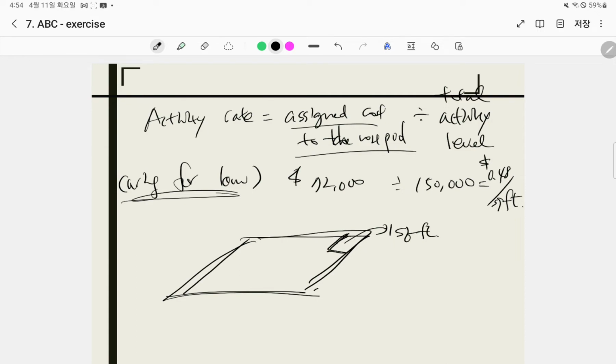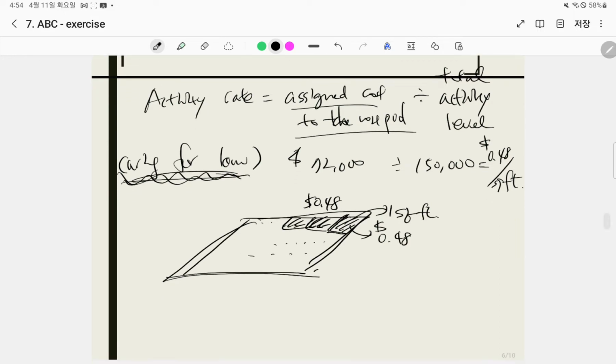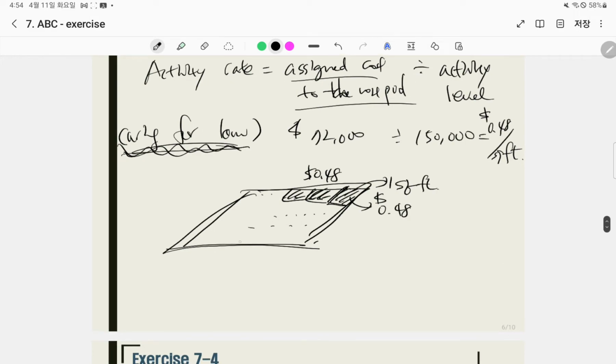Then for each square foot you incur 48 cents of caring cost for lawn, and another 48 cents for another square foot, and another. Let's say that there is a customer A. Customer A has this area of square feet. Let's say this area is 100 square feet.